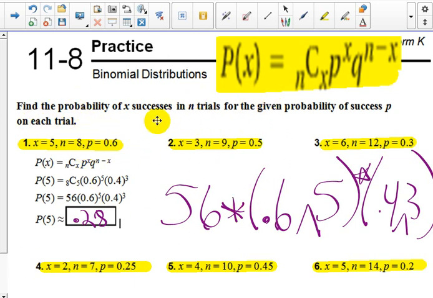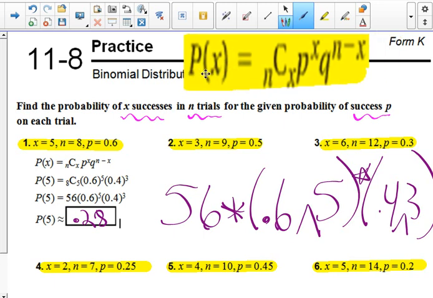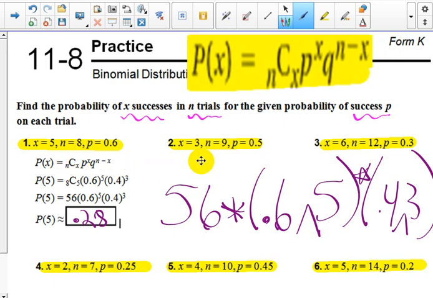On your workbook sheet, it says find the probability of X successes in N trials for the given probability of success P on each trial. And I put the formula up here again, and actually they put it right there and worked most of your first problem for you.